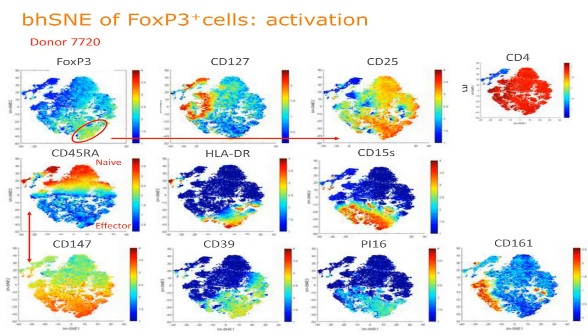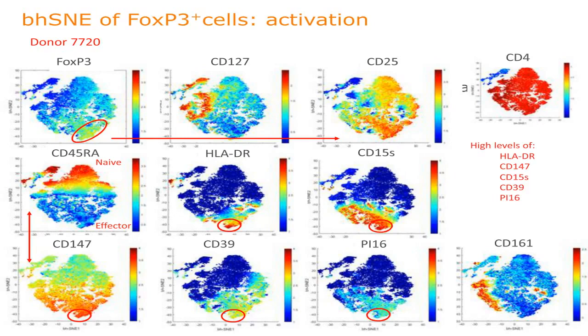So it's not surprising that the naive cells that we see here, where they're very red for 45RA expression, also have some expression of CD147. However, the effector cells have much higher expression, and that is actually shown here where CD147 is more red when we look at this heat map overlay.